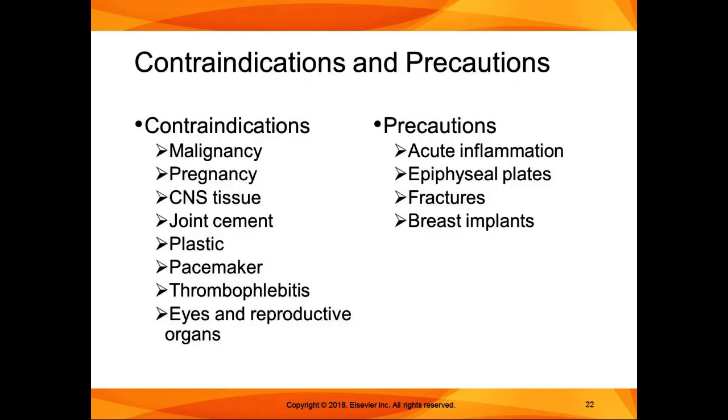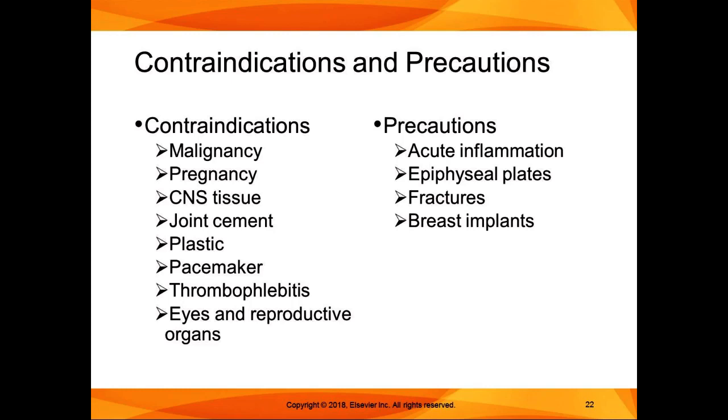So contraindications and precautions. Absolute contraindications for ultrasound: malignancy, pregnancy, central nervous system tissue, joint cement. So if somebody has had a total joint replacement, do not ultrasound their total joint replacement, because you can loosen their prosthesis, because the ultrasound energy can break up the joint cement.